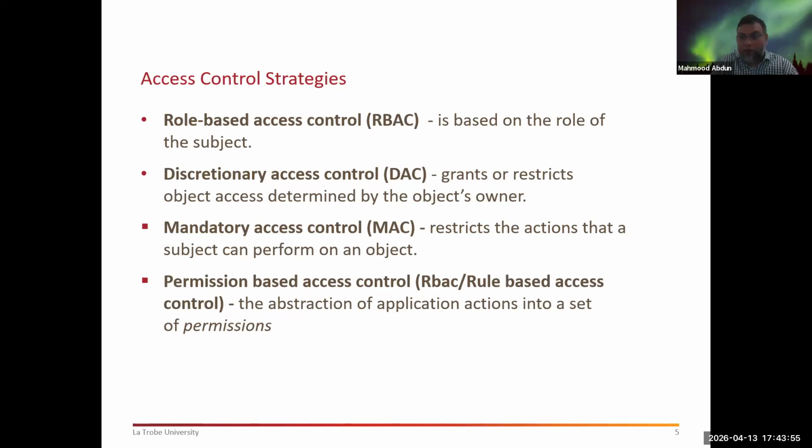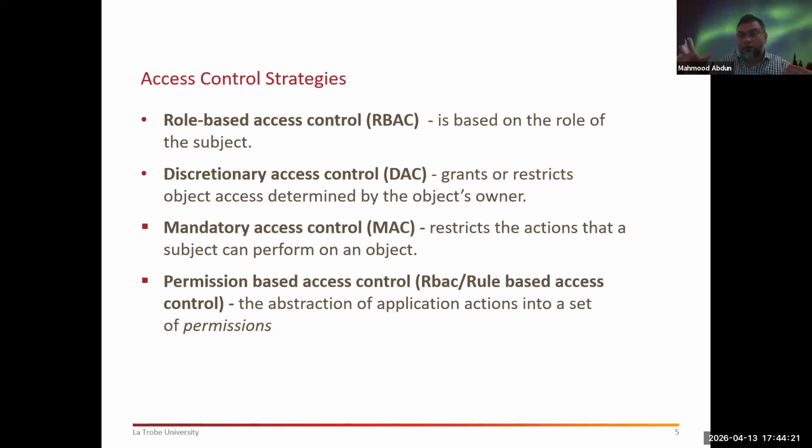Okay. The third one, the mandatory access control, is a very restrictive form of access control where there is a single entity or a body which governs the whole access control system. And they assign an individual with their level of access, let's say top secret, secret, classified, and so on.